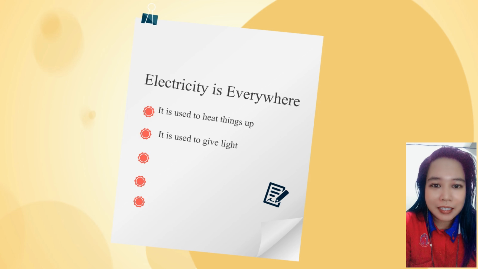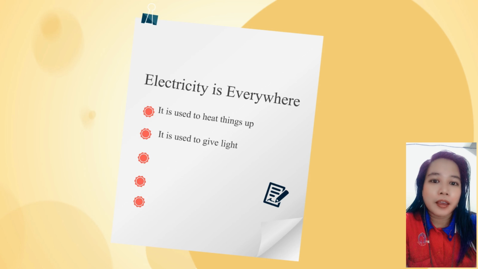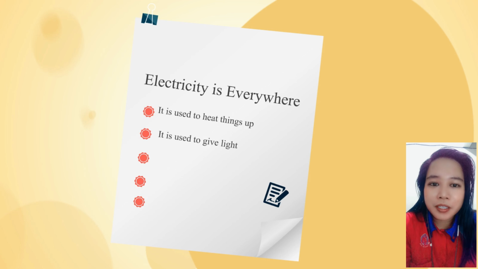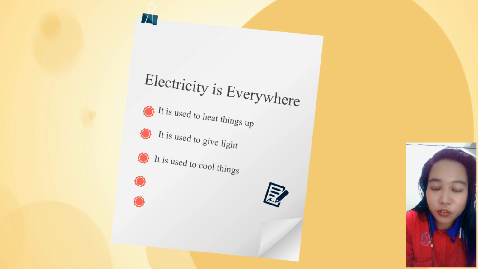Flashlights give light, so they also use electricity. Electricity is also used to cool things, like for example the refrigerator. We put food in the refrigerator so that it will not get spoiled immediately, and it is also used to make ice, so it cools things.